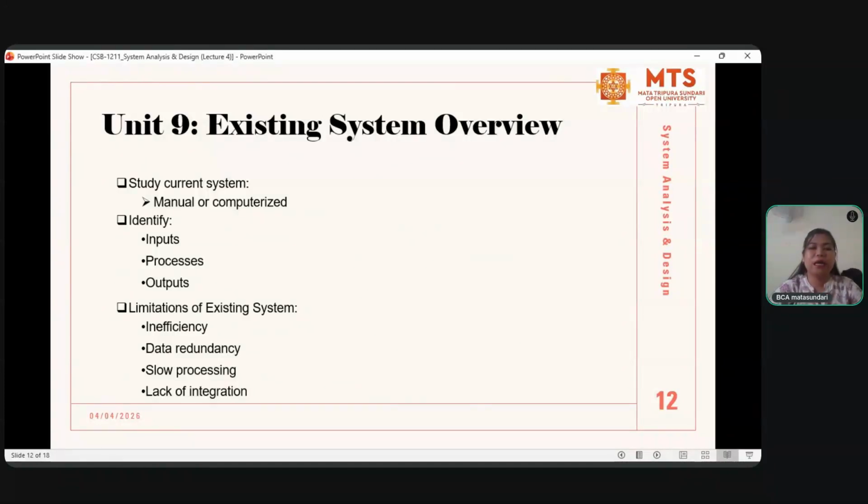And what does it mean? Identify inputs, processes, and outputs. Okay. And limitations of the existing system: inefficiency, data redundancy, slow processing, and lack of integration. So this is how we overview the existing system.